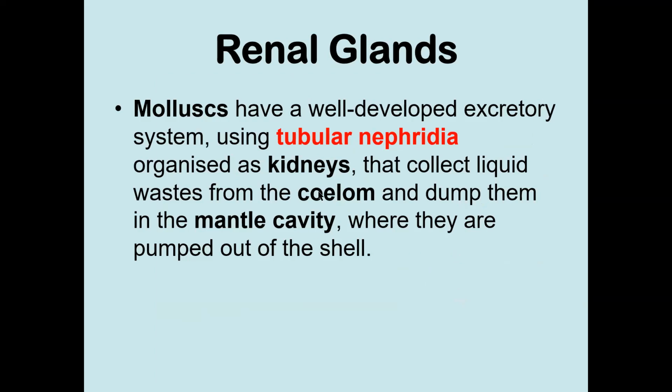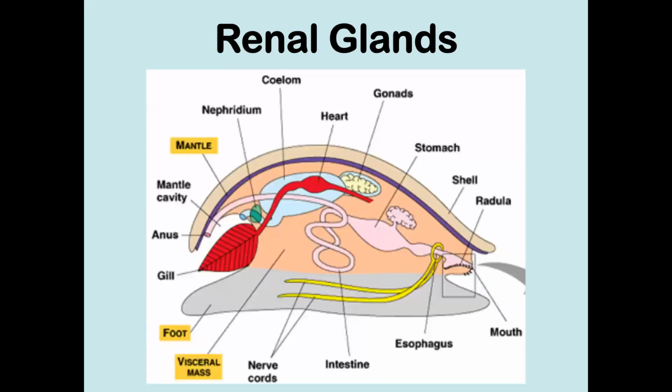They collect the liquid wastes from the coelom. Now, C-O-E-L, we pronounce it as seal, and it's a space. And we've got various seals in our brain and other parts of the body. It's just a space. And these wastes from the coelom, the space, I've got a diagram, they dump the waste into the mantle cavity, which is sort of under the shell. And they're pumped out of the shell from there.